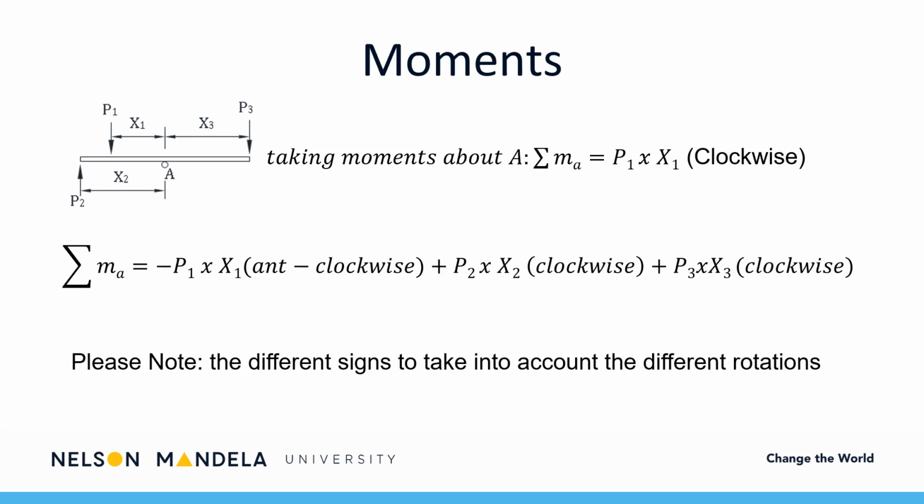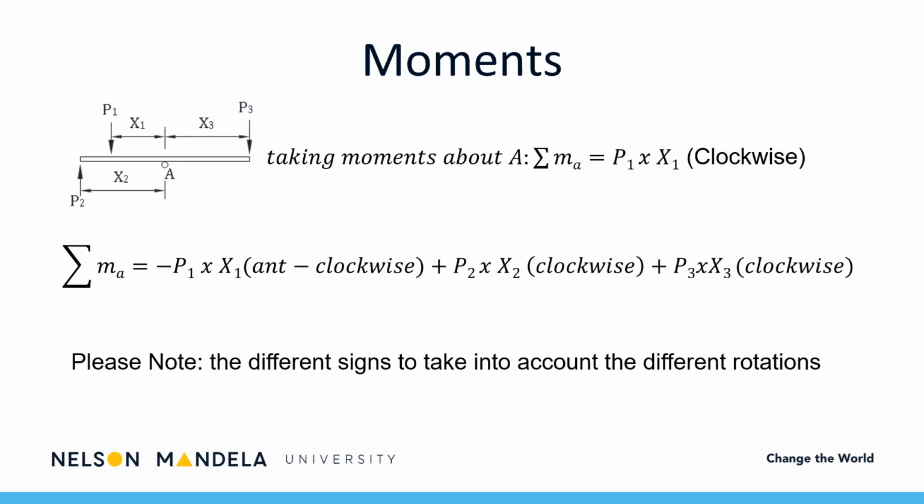Whereas for P1 I'm assigning a different sign, which is negative in this case, because it's going in the opposite direction to P2 and P3. The moments of P2 and P3 are going clockwise, the other moment is going anti-clockwise. It's up to you.